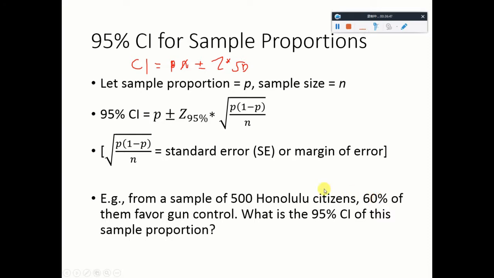Then we can say that for the entire population of Honolulu citizens, approximately, probably 60% of all Honolulu citizens will also favor gun control. But we can't be certain. We only said that probably, based on sample information, 60% of all Honolulu citizens favor gun control. But how do we quantify this probably?